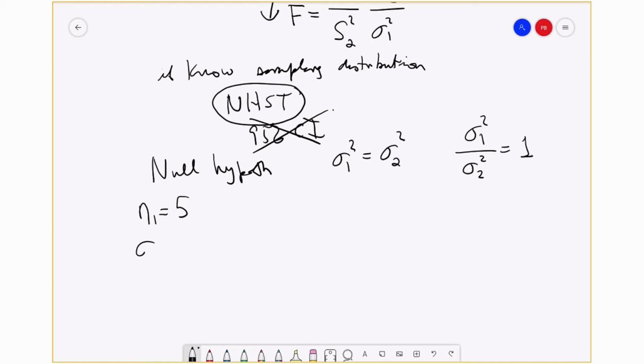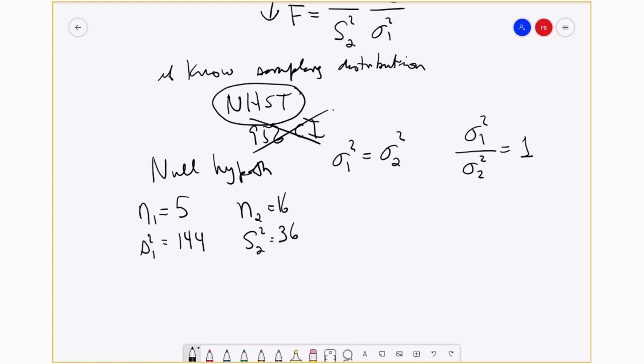And S squared 1 is going to be equal to 144. From the second population, the sample size was equal to 16, and the observed sample variance was equal to 36.